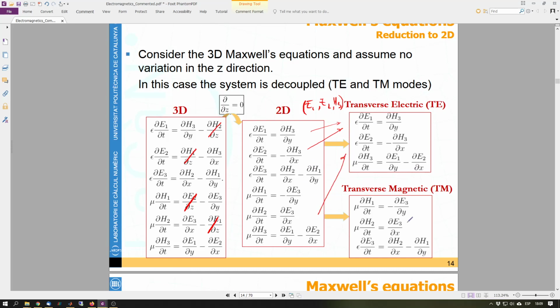And the others where I have my H1, H2, and E3. And then I get these equations, and those equations. So this set of 3 equations is uncoupled from these 3, but in each of them, magnetic and electrical field are coupled.